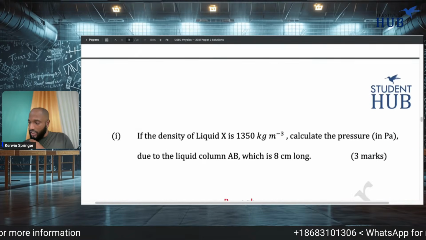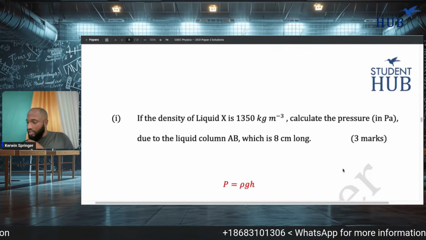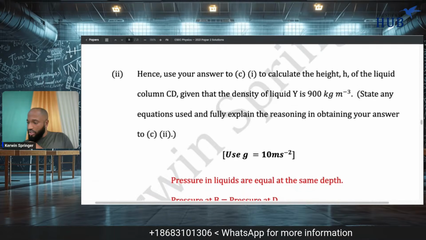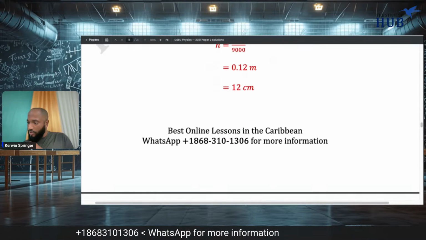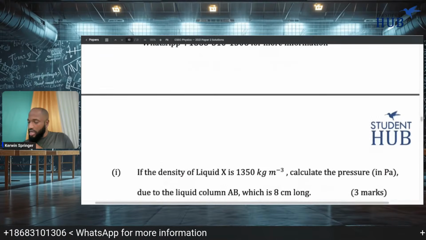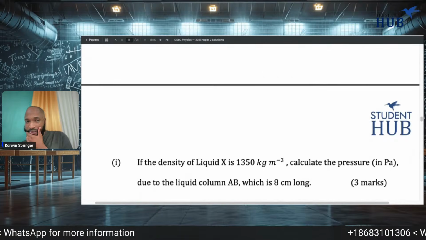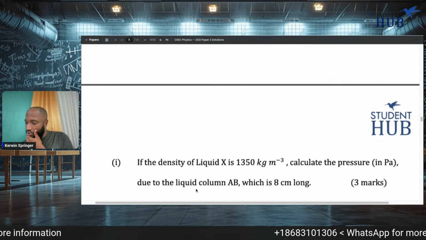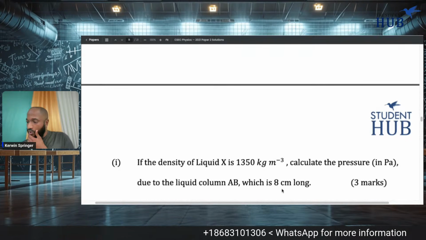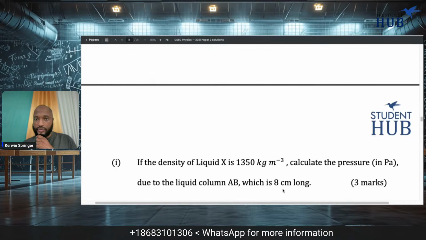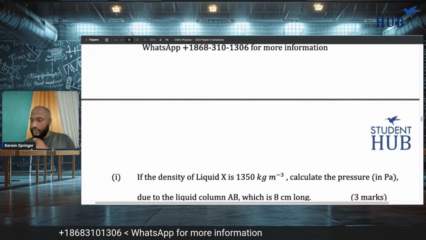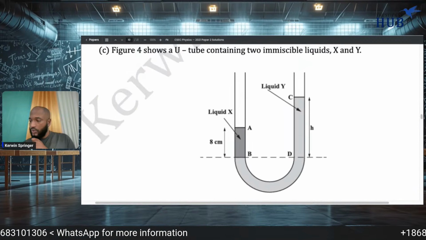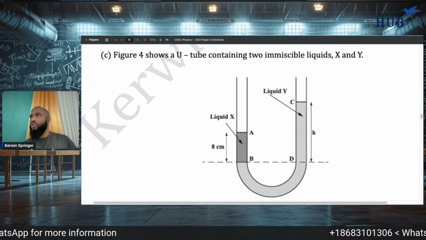Was this including atmospheric pressure? Calculate the pressure. No, atmospheric pressure was not included in this. Calculate the pressure in pascals due to the liquid column AB, which is 8 centimeters. So, you all want me to do this one or skip this one?